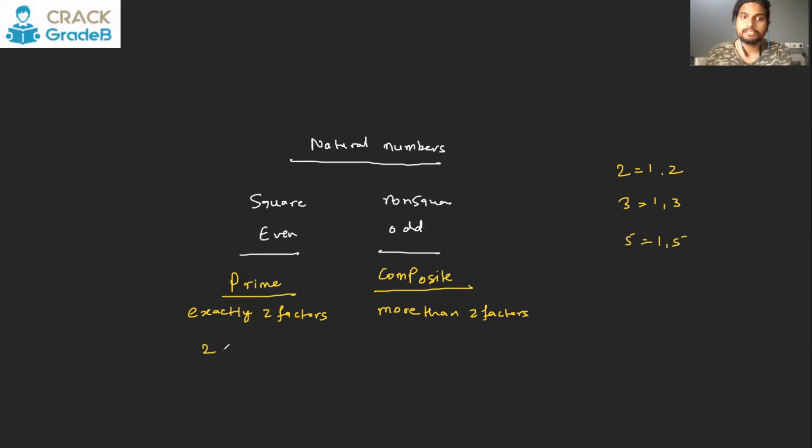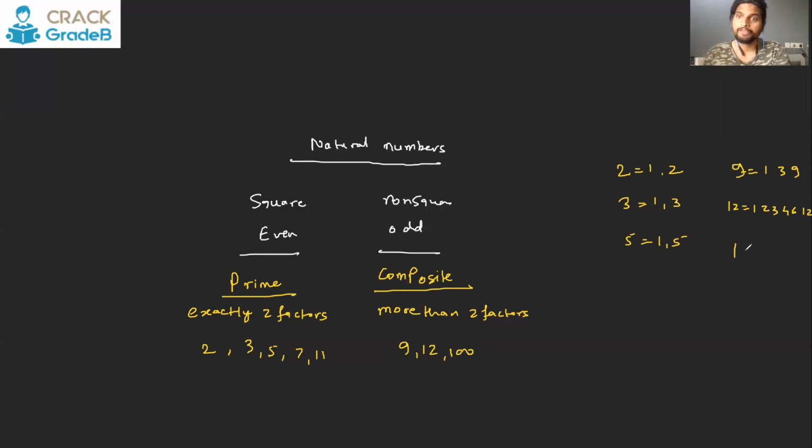So all these numbers, 2, 3, 5, 7, 11, are prime numbers. Whereas numbers like 9 have 1, 3, and 9 as factors, 3 factors. 12 has 1, 2, 3, 4, 6, 12, which is 6 factors. So all these numbers, 9, 12, 100, will be composite numbers.